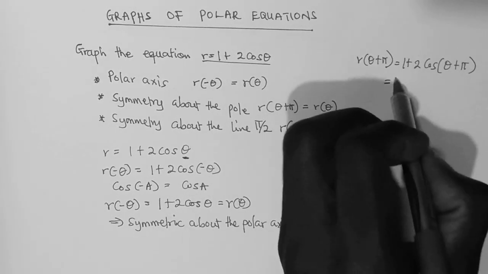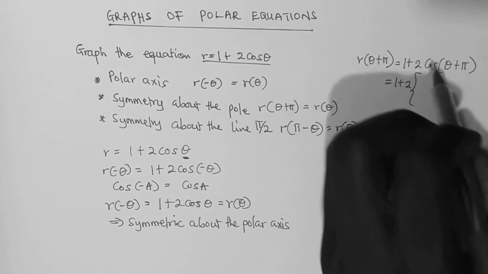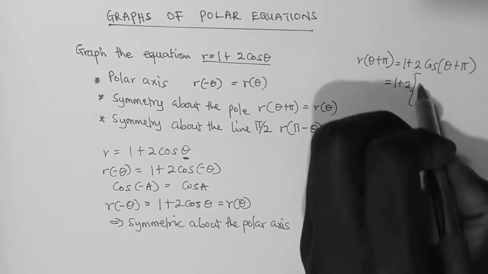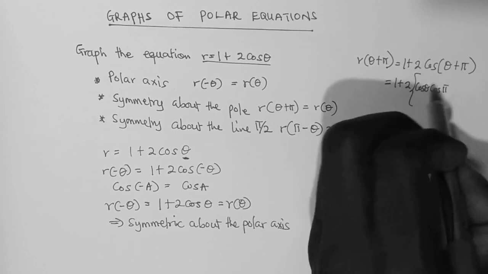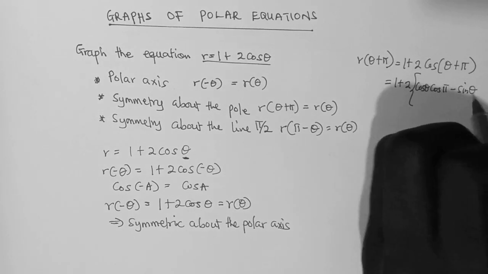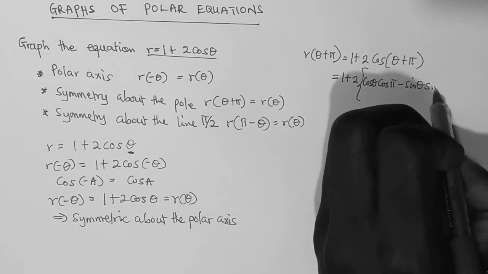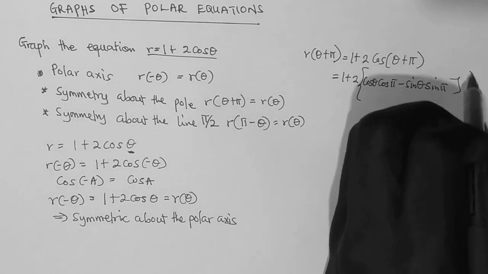Cos of theta plus pi is the same as cos theta cos pi minus sin theta sin pi.